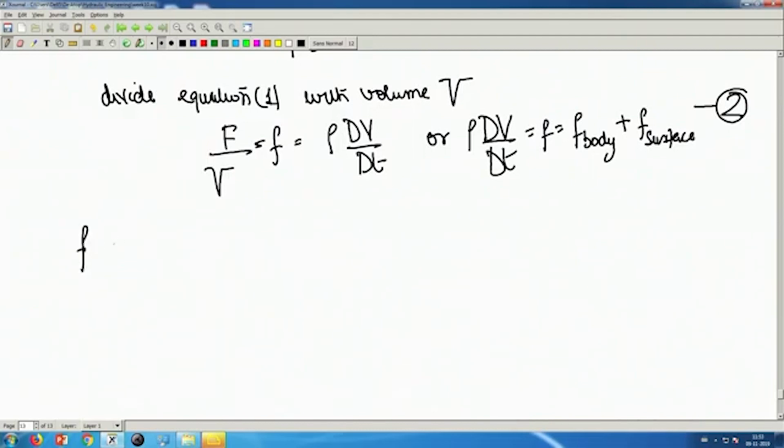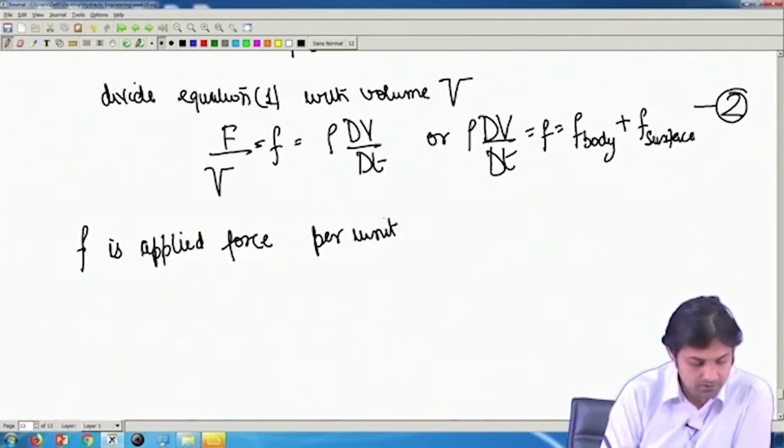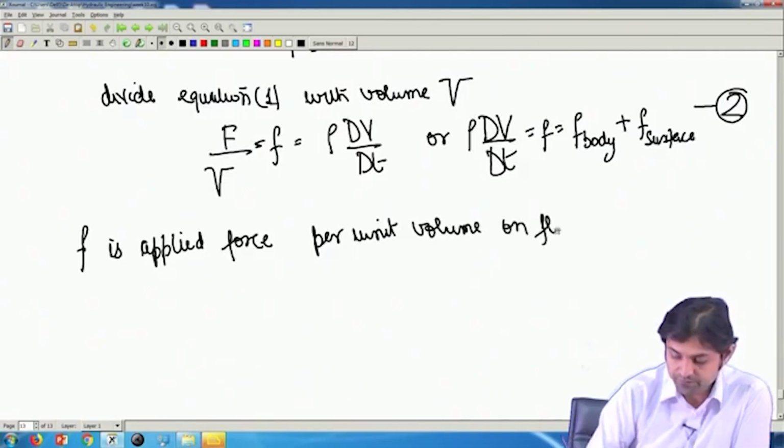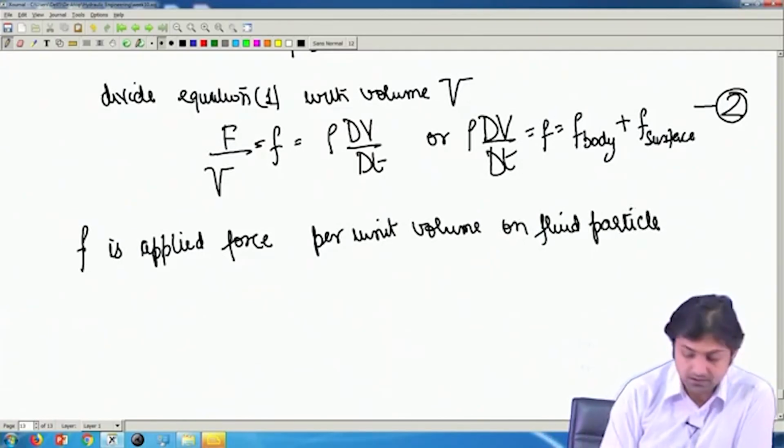So this f is the applied force per unit volume on the fluid particle.